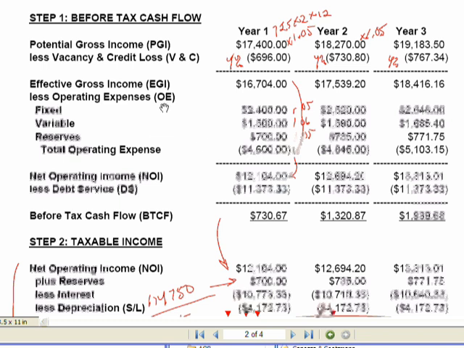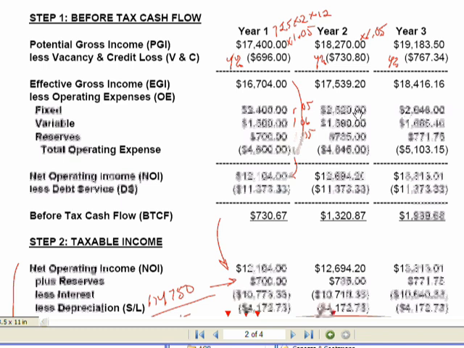The operating expenses. Remember our assumption about our operating expenses? This was a given, but our fixed was going to increase by 5% per year, our variable by 6%, and our reserves by 5%. So to go from year 1 to years 2 and 3, again, you can just multiply times 1 plus the increase. So if the year 1 fixed expenses were 2,400, year 2 is 5% higher. Let's take 2,400 times 1.05. That gives you 2,520. Again, you might want to carry it on to year 3.